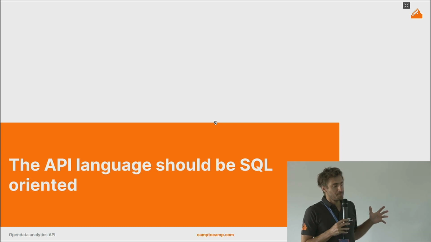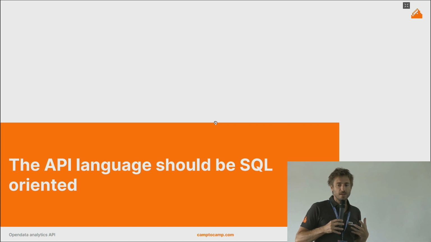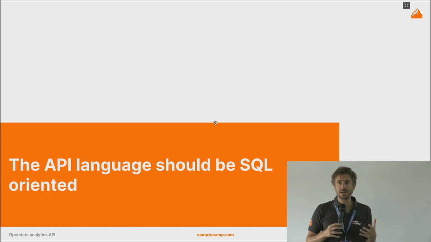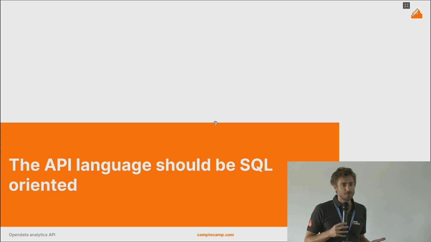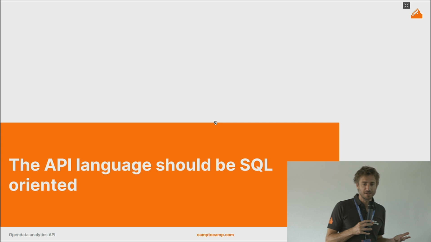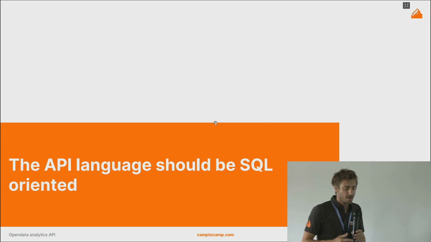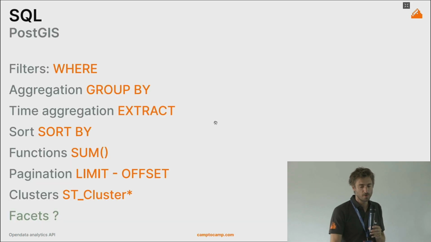In this API, we think that SQL should influence the API design, because SQL is a query language which makes it possible to get anything from the data. And actually it could work quite well.